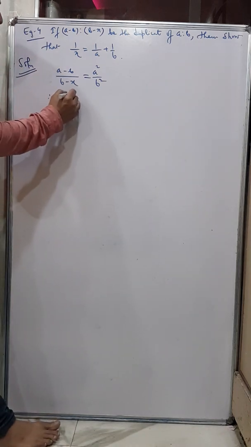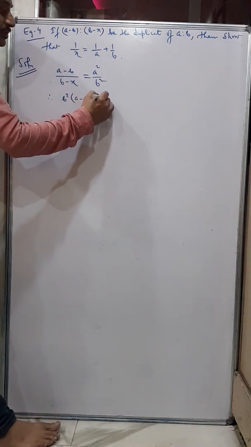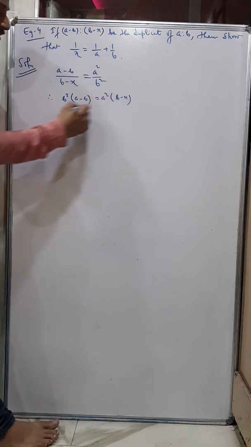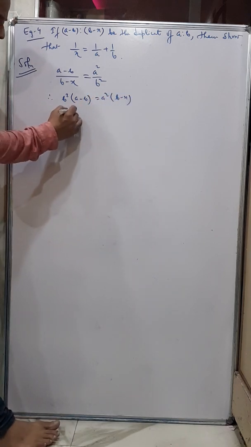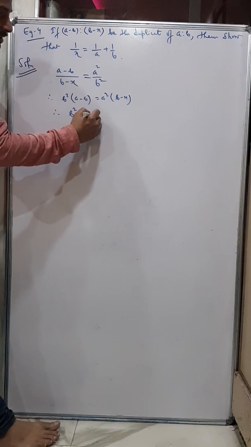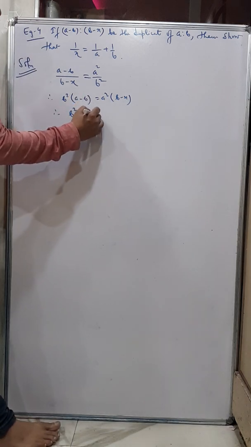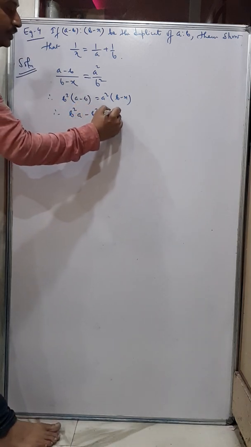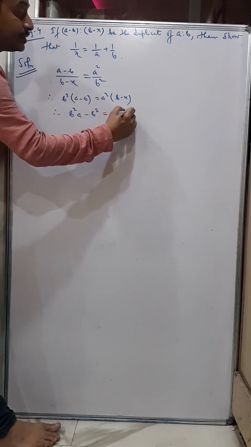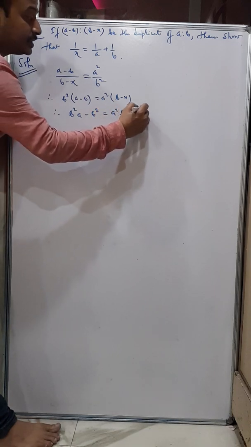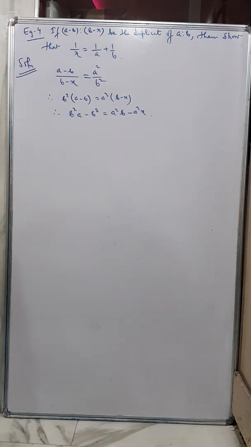We get b square into (a minus b) is equal to a square into (b minus x). Now we multiply it. We get b square a minus b cube, a square b minus a square x.